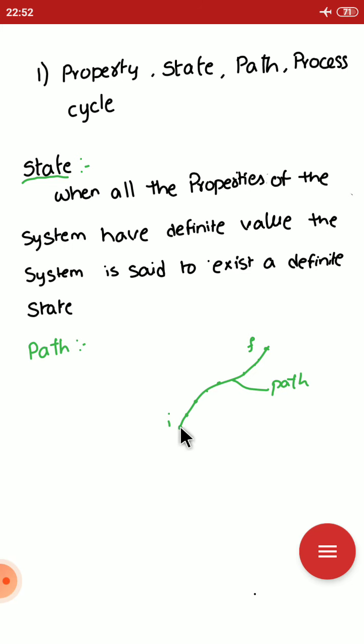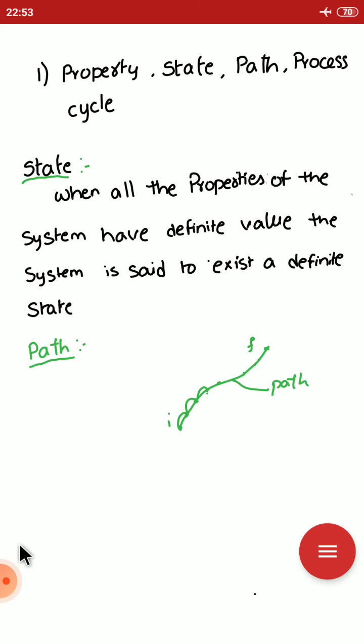What we have to look at here is a series of states through which the system passes, going from initial state to the final state. It constitutes a path.